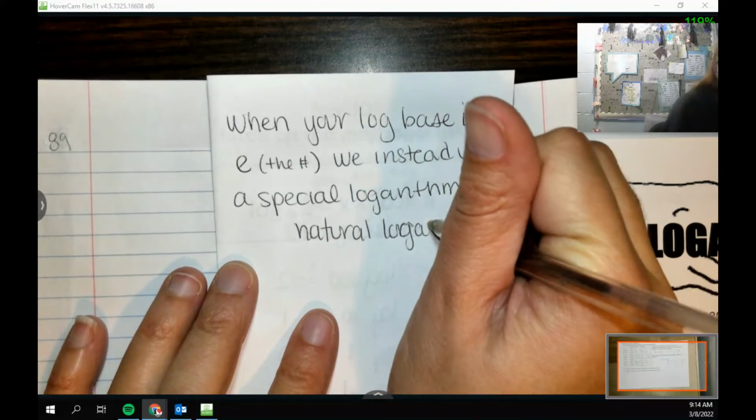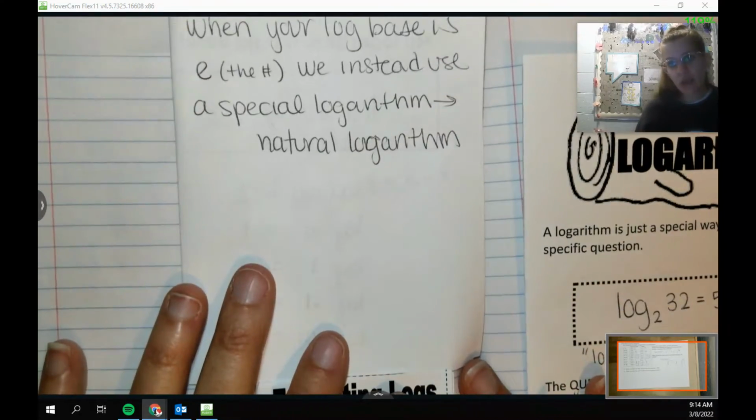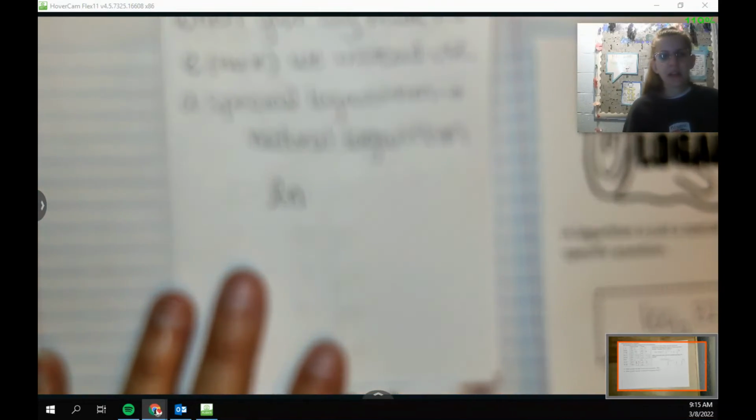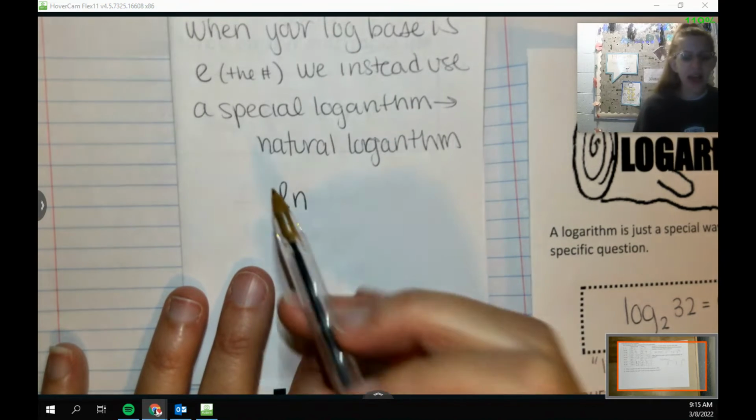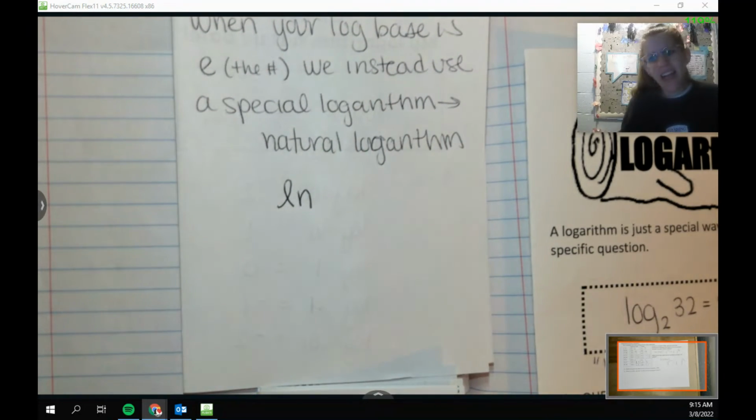Oh my gosh, spelling. And what a natural logarithm is, and this is kind of weird, is they use the letters ln for natural logarithm. I mean, I guess NL, but why not just do NL? I guess to make it look sort of like a logarithm, but a little different. So it's still got the L at the beginning. I don't know. So silly.